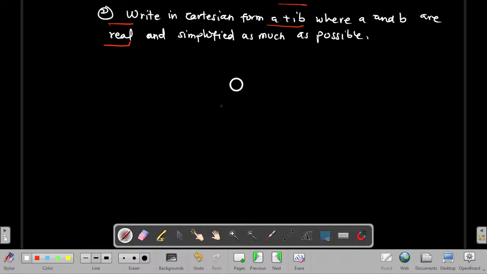So let me write a complex number here. I think it wasn't captured, which is e to the power 2 plus i pi on 3. This is a complex number, and we are supposed to express this in the form a plus ib, right?